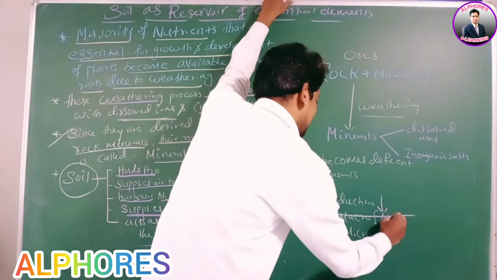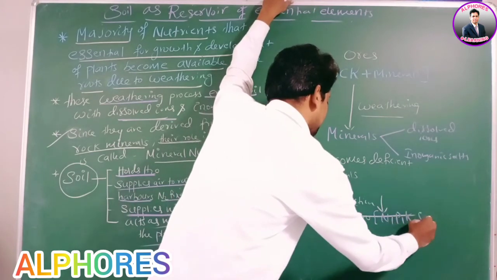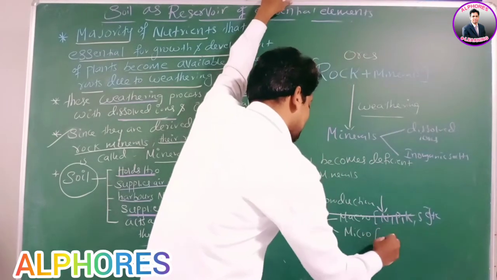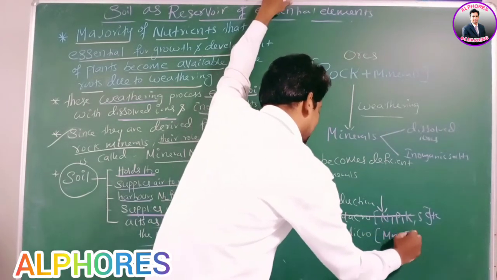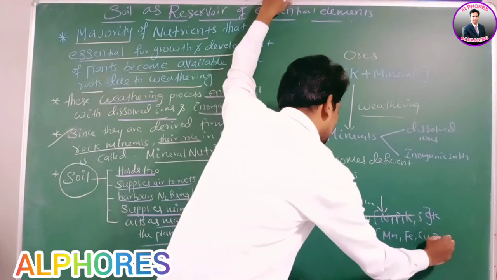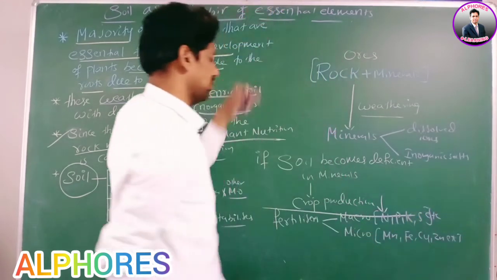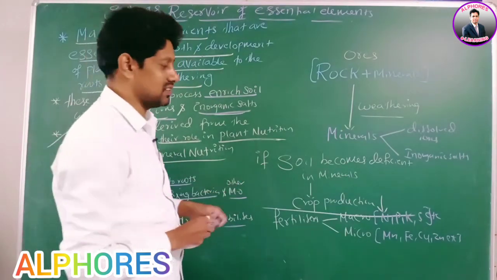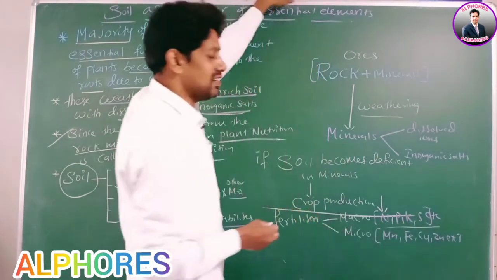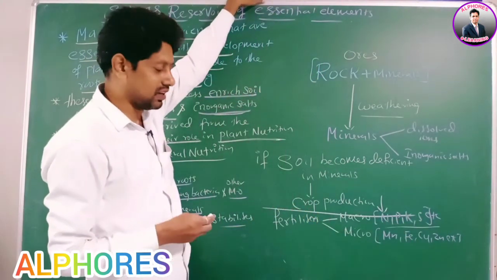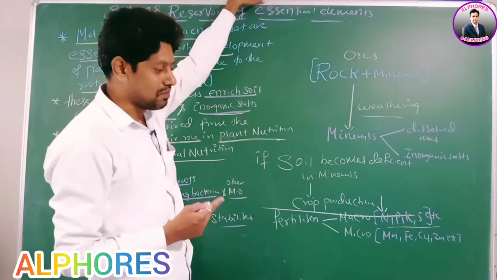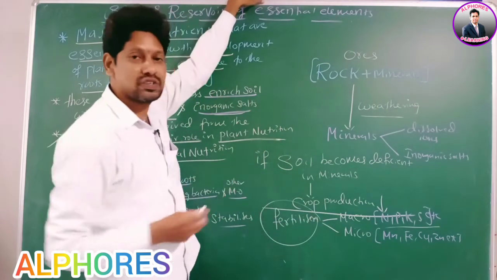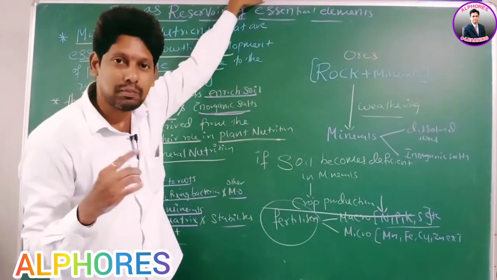Macro elements such as NPK, nitrogen, phosphorus, potassium, sulfur, etc. Micro elements such as manganese, iron, copper, zinc, etc. Therefore, fertilizers include both macro elements and micro elements.